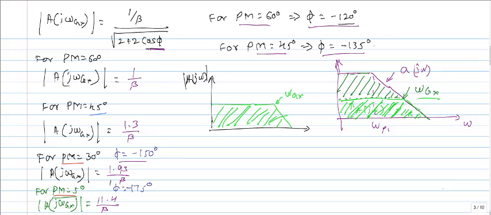Now how do we visualize this omega gx with respect to the closed loop gain magnitude? The magnitude of this closed loop gain stays almost constant till we reach the value of omega gx. After this particular frequency, the closed loop magnitude starts rolling off, right?